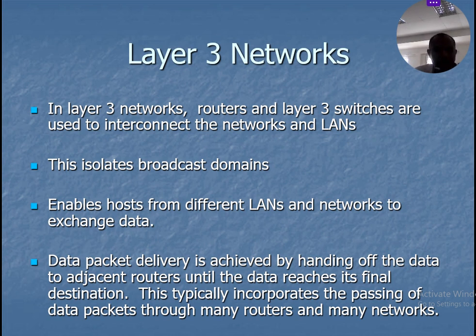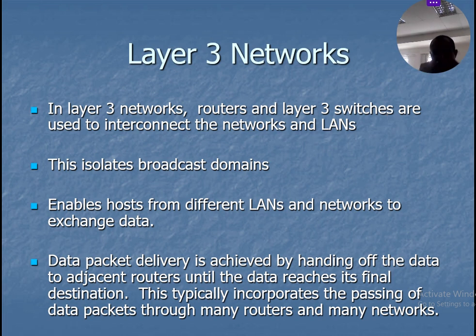Now we say in layer 3 networks, routers and layer 3 switches are used to interconnect the network and the local area networks. Okay, so basically whenever we talk about layer 3 networks, we are talking about routers and hopefully layer 3 switches. Okay, there are some switches that are called layer 3 switches.